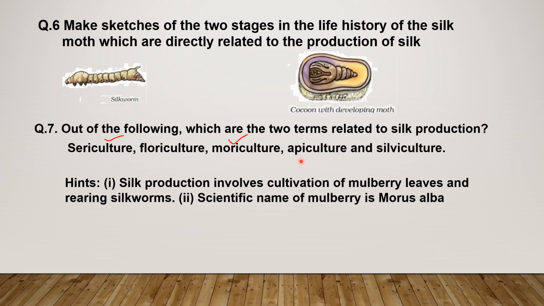Apiculture means rearing of honey bees for the manufacturing of honey. And silviculture is the cultivation of forest trees. So the correct answer is sericulture and moriculture.